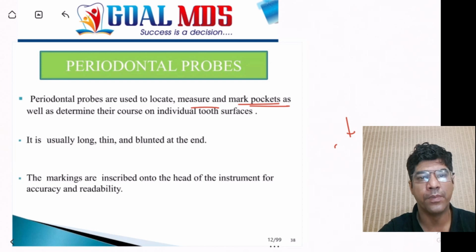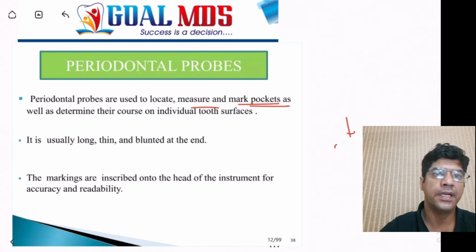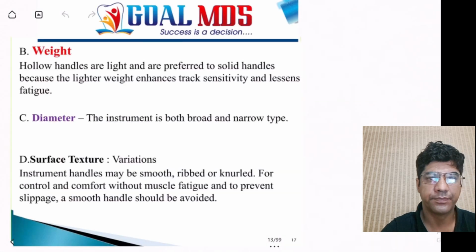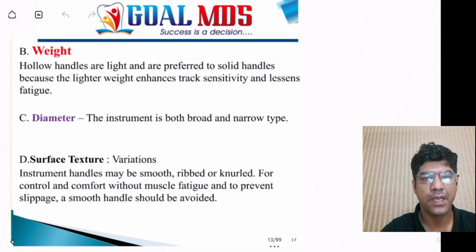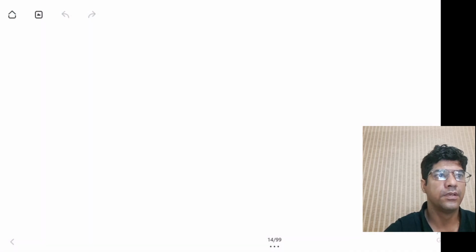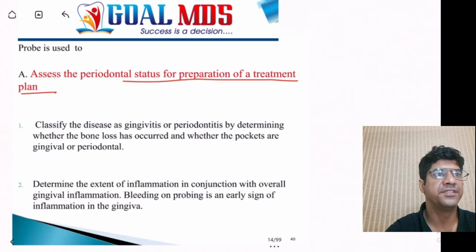This pressure will ensure accurate measurement without causing any damage to the delicate tissues. The shank of the probe should be parallel to the long axis of the tooth surface being probed. The probe is used to assess the periodontal status for preparation of the treatment plan.